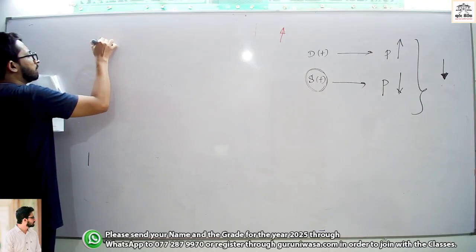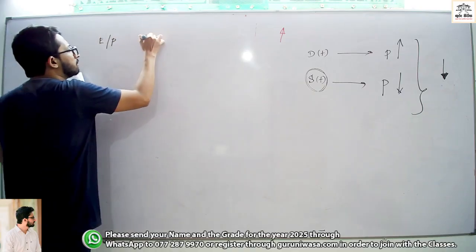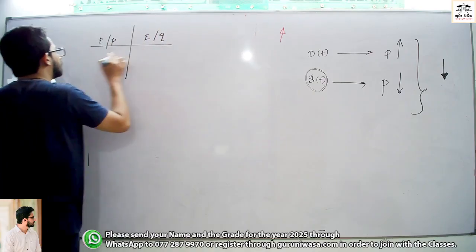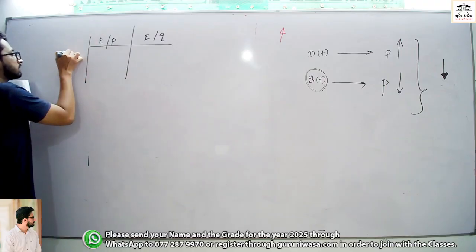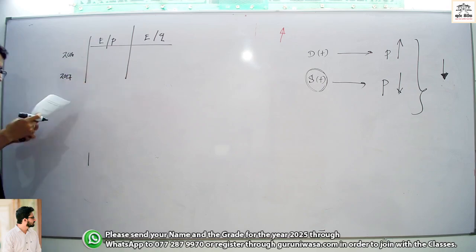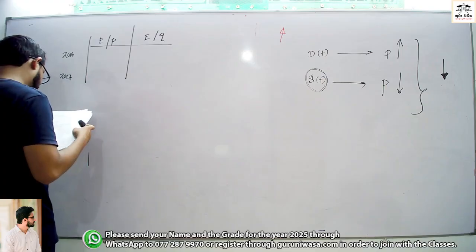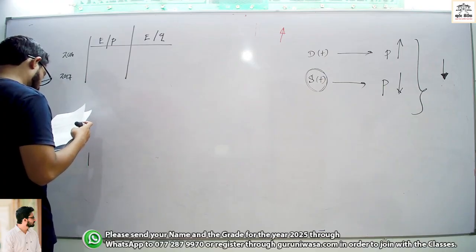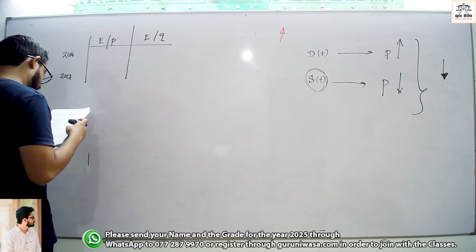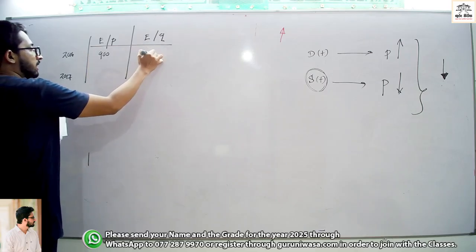Here, equilibrium price, equilibrium quantity, 2016 and 2017. In 2016 the equilibrium price is 900 per kilogram and equilibrium quantity is 10 million.